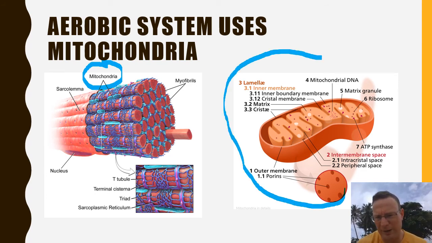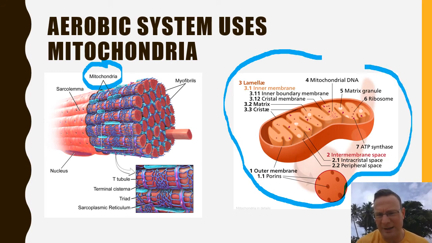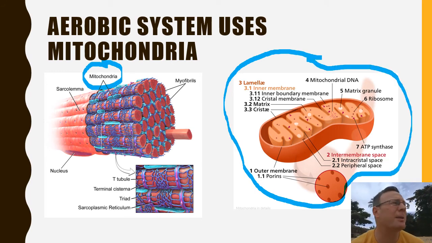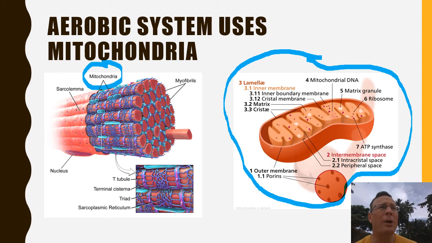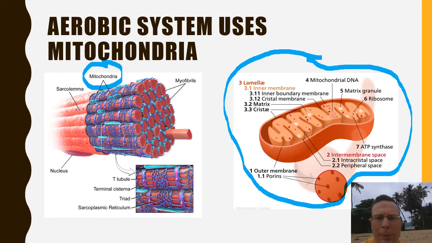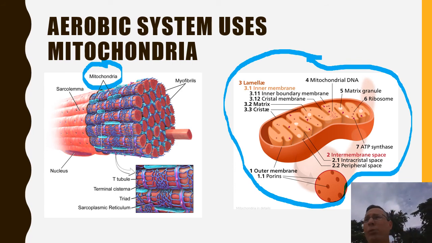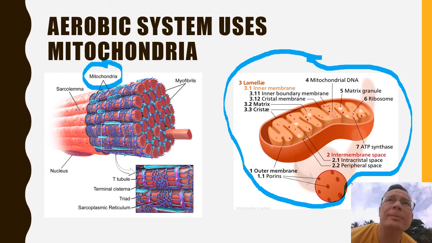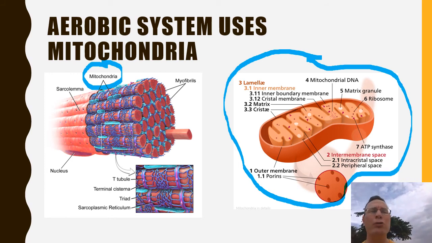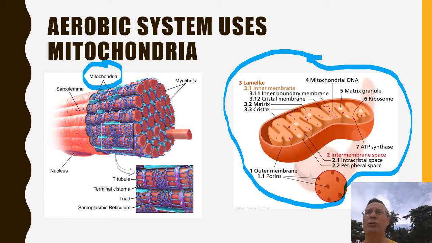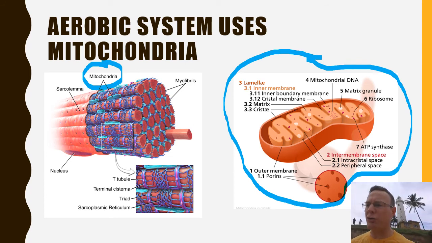When we talk about the aerobic energy system, it takes place in these sections within a muscle cell. One of the things that changes as we get more aerobically fit is we start creating bigger and more of these mitochondria. So we improve our aerobic energy system directly through this increase in the number of mitochondria we have.